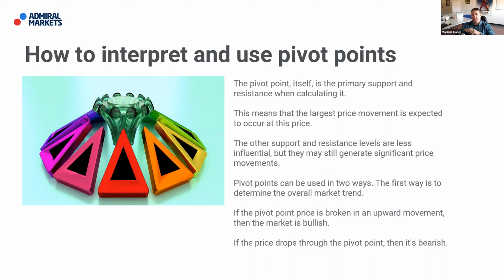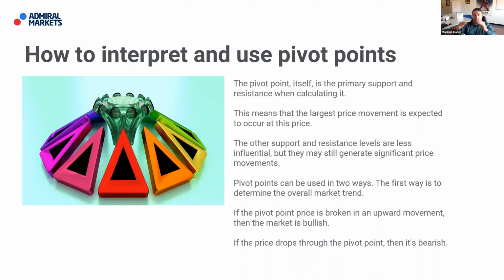So pivot points can be used in 2 different ways. The first way is to determine the overall trend in the market especially. So if you have a price above the pivot points, then you can say, okay, the market is basically facing upwards.